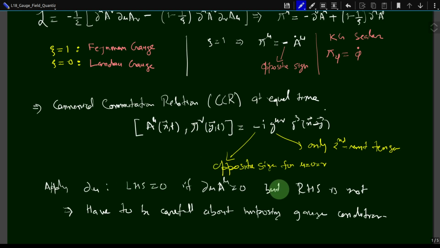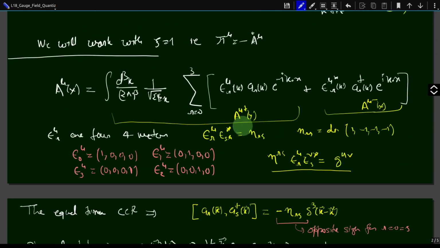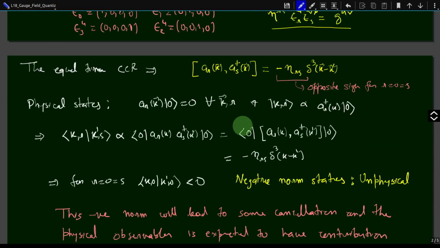So I would have to drop the CCR if I wanted to keep the gauge condition, but for quantization I want to keep the canonical commutation relation. So I choose to drop enforcing the gauge condition at that level.